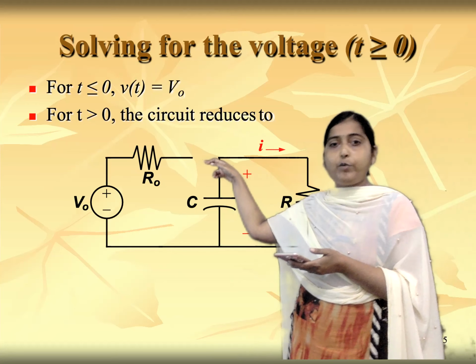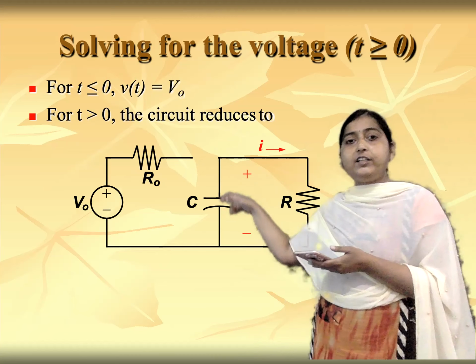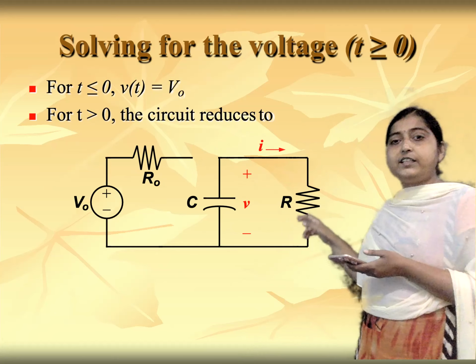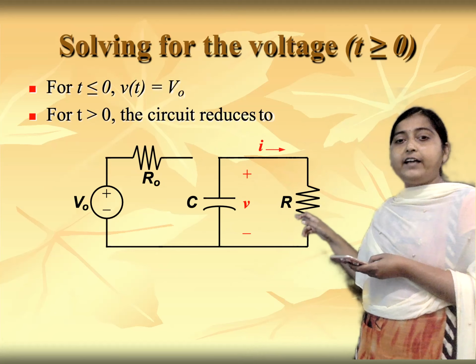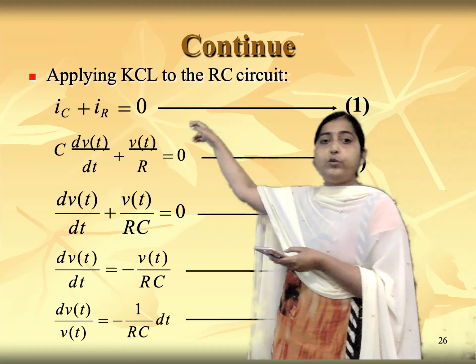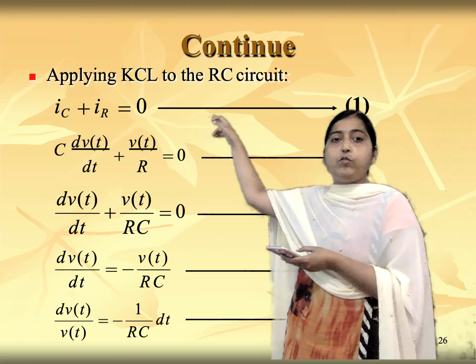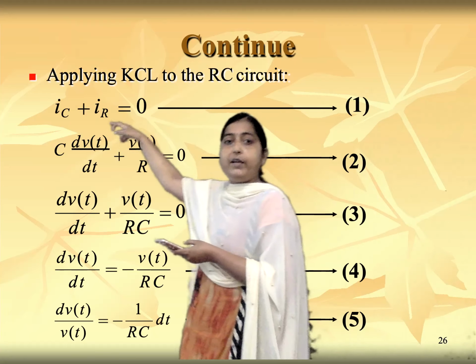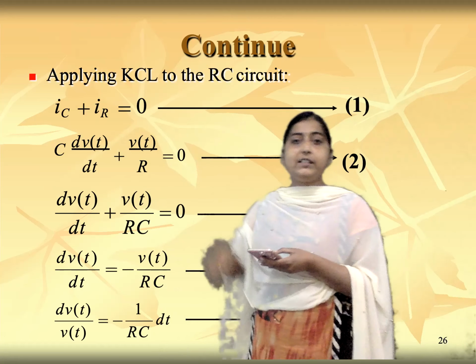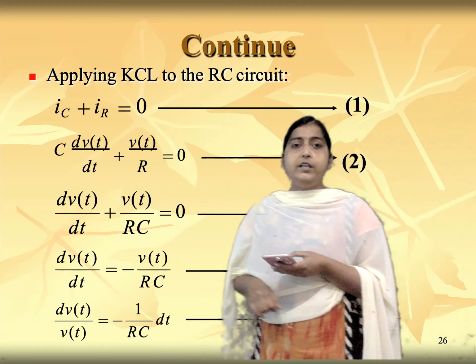The current through the capacitor we consider as IC and the current through the resistor as IR. Applying KCL, the total current entering the circuit is 0, which is equal to IC plus IR, that is the current flowing through the capacitor plus the current flowing through the resistor.